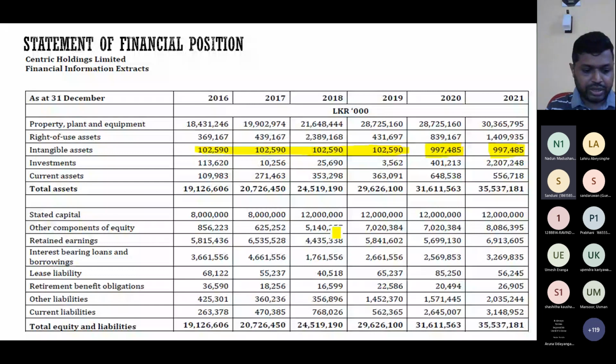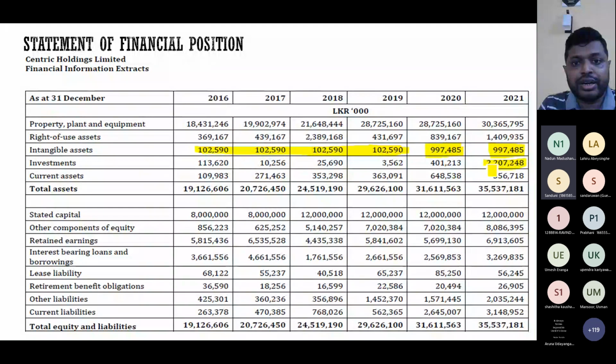It has gone up by 894.9 million. Then what is that for? What is the reason? What kind of intangible asset does that belong to? Then investments, 113, it reduced, and then here it ended up with 2 billion.